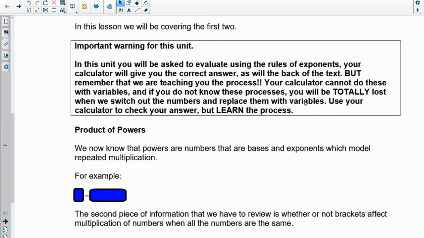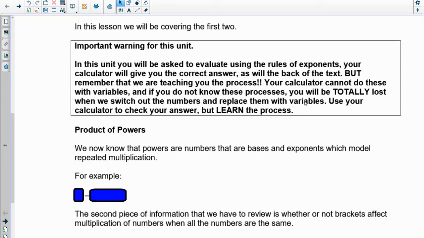Now you may be able to put 2 to the power of 6 times 2 to the power of 7 in your calculator and get an actual number at the end. But how are you going to put x to the power of 6 times x to the power of 7 in it? You simply can't. So you have to learn the process. If you try to just jump to your calculator, you're going to be totally lost. And since there are two more units coming up which are going to use all these laws, my recommendation, strongly, is to use your calculator as little as you can.